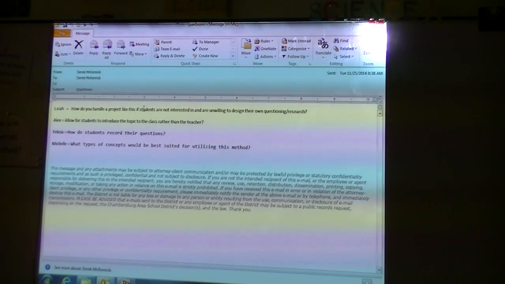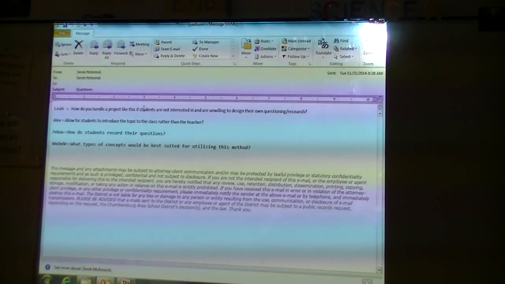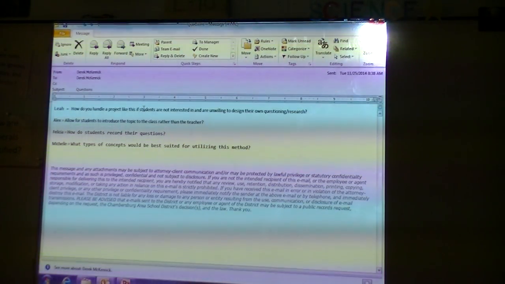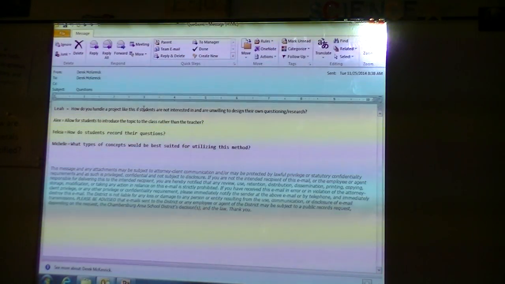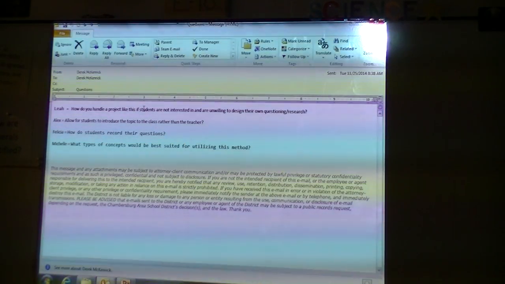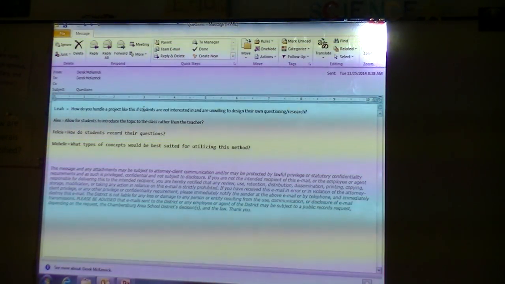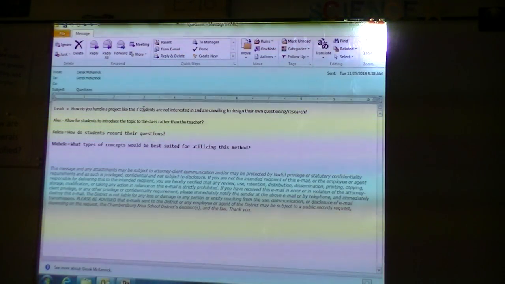I think this is a great idea in the fact that students are creating the questions and they're completing research and they're going through these activities and they're gaining knowledge. So I think it's important that students do have the chance to teach to other students.